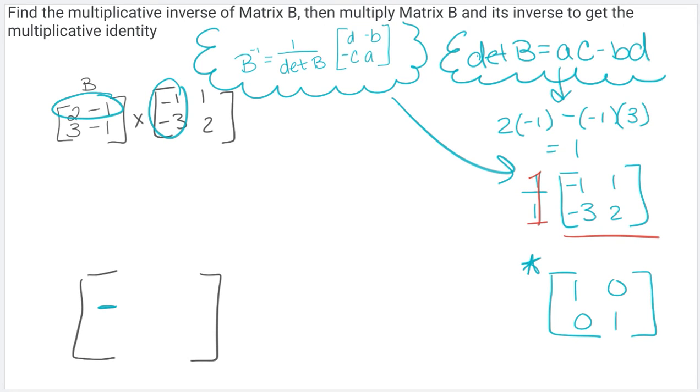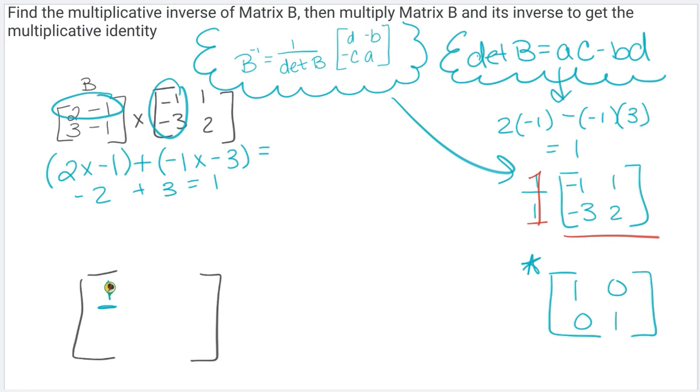We're going to multiply each of the components. So that'll be 2 times negative 1 plus negative 1 times negative 3. And that will ultimately give us, well, 2 times negative 1 is negative 2 plus positive 3. Well, that'll give us a 1.